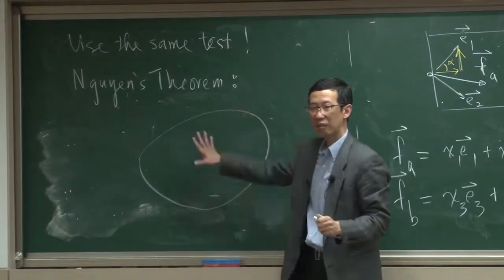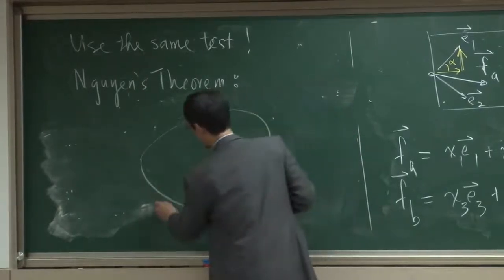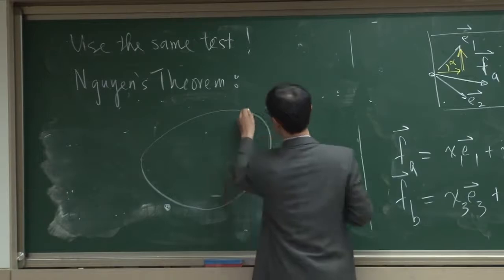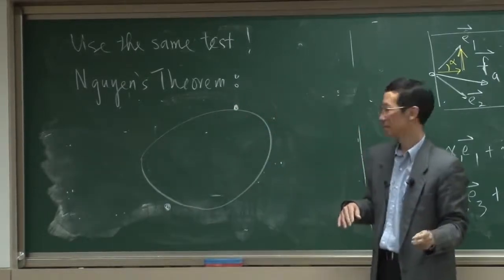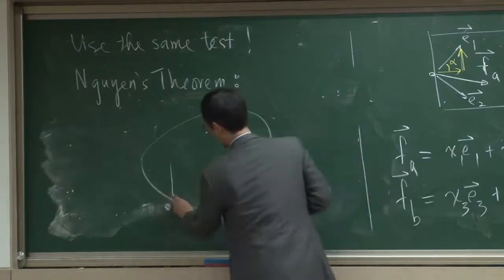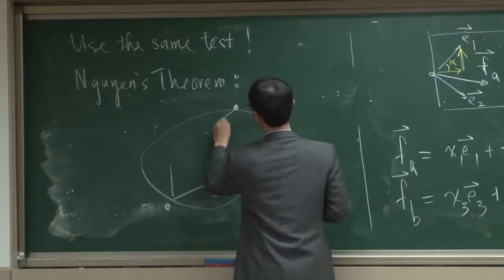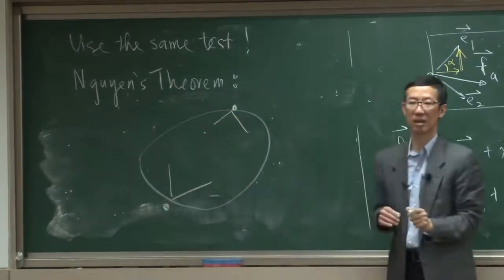Let's say you have a planar object. You have 2 point contacts with friction. Friction cone here, friction cone there.